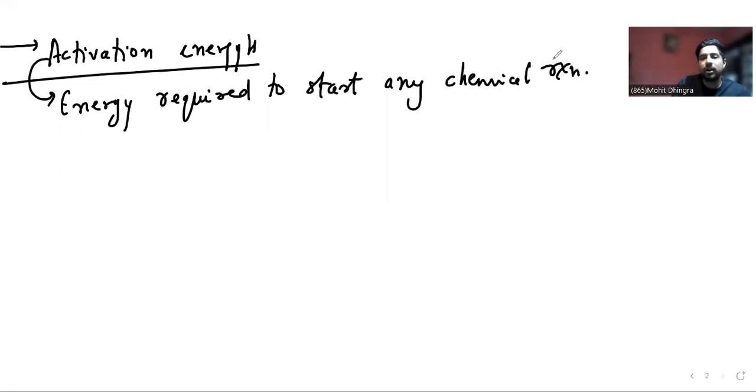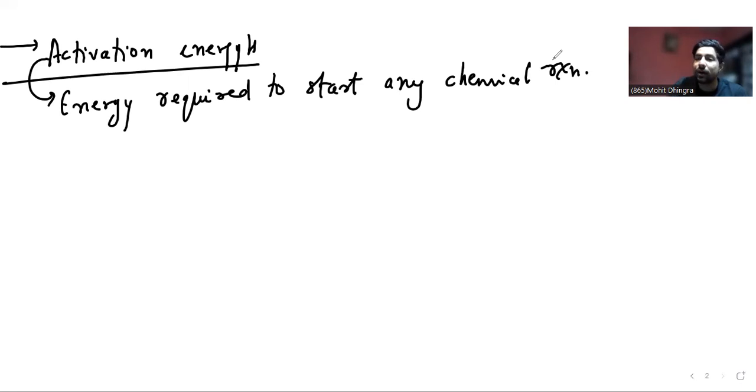Now, what catalysts do to form an intermediate is decrease the activation energy. The catalyst decreases the activation energy, which means the energy to form the intermediate is decreased.